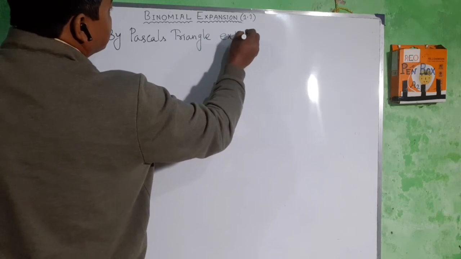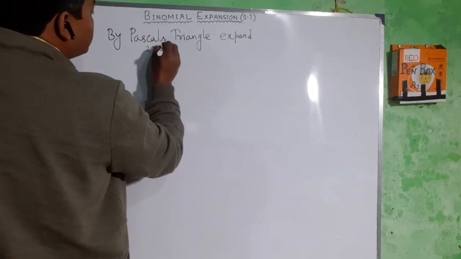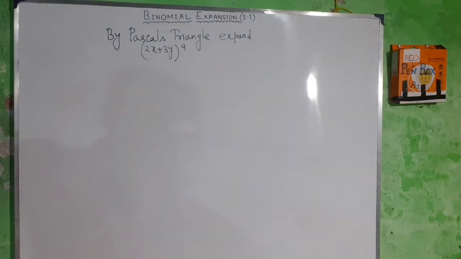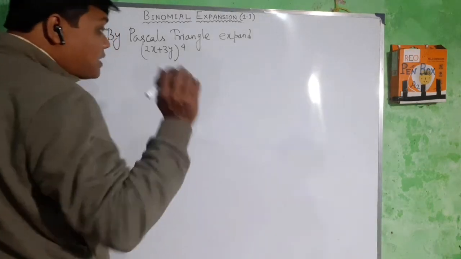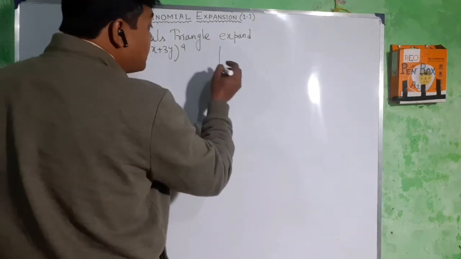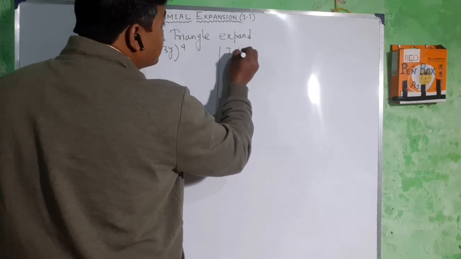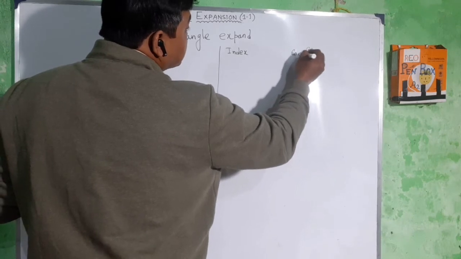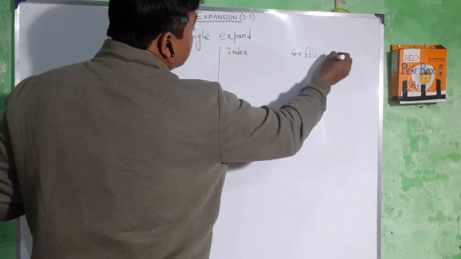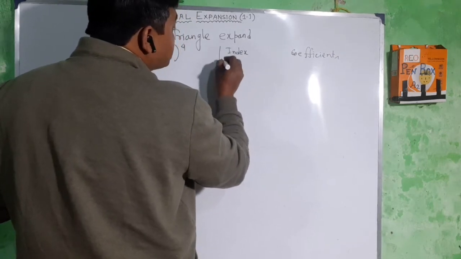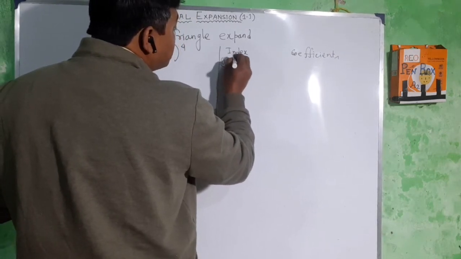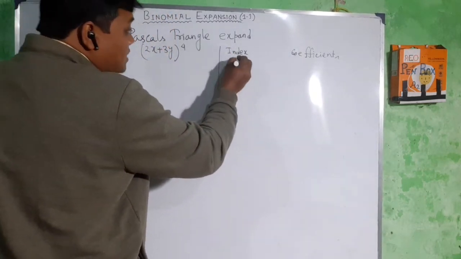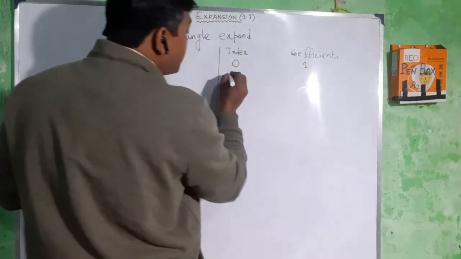Expand 2x plus 3y whole to the power 4. By using Pascal triangles, I am indexing here. When the index is 0, I repeat, the coefficient is 1. For a plus b whole to the power 0, the coefficient is 1.